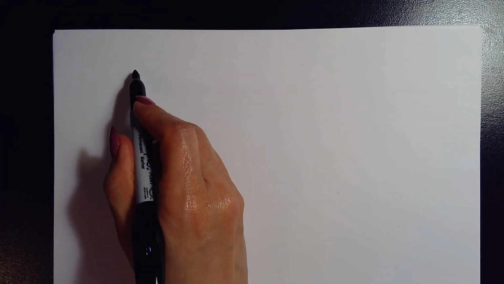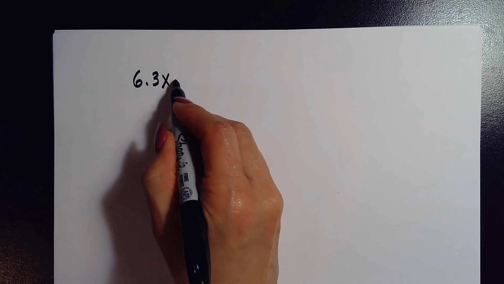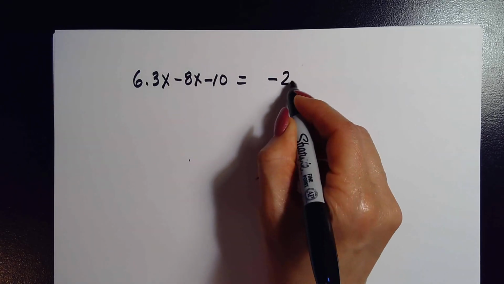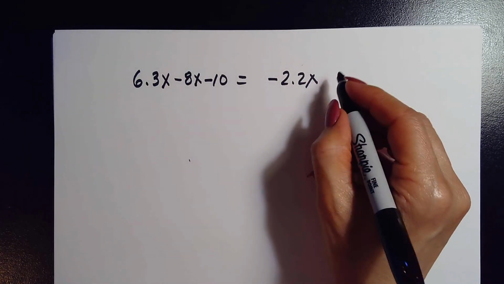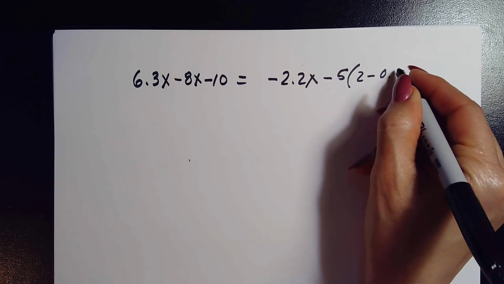This same problem is going to be different if I write it like this. I'm just going to change the sign. So 6.3x minus 8x minus 10 equals negative 2.2x minus 5 times 2 minus 0.1x.